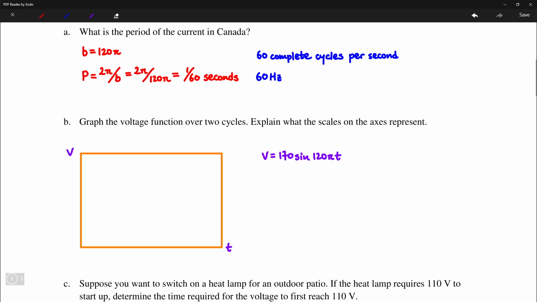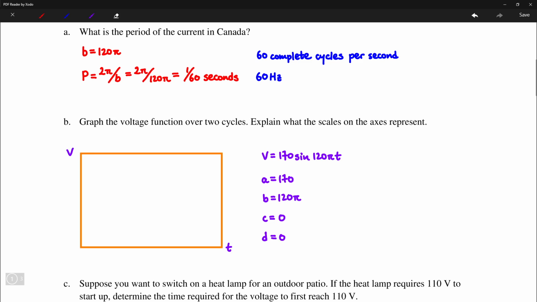That means we know for this question that the a value is 170, the b value, as we saw before, is 120 pi. And from there, we have that c is equal to 0, which means there's no phase shift, and also d is equal to 0, so there's no displacement.